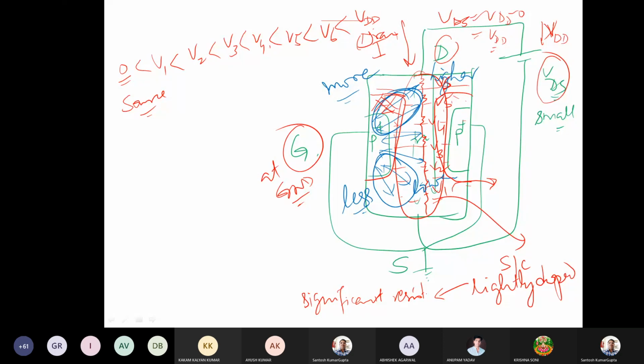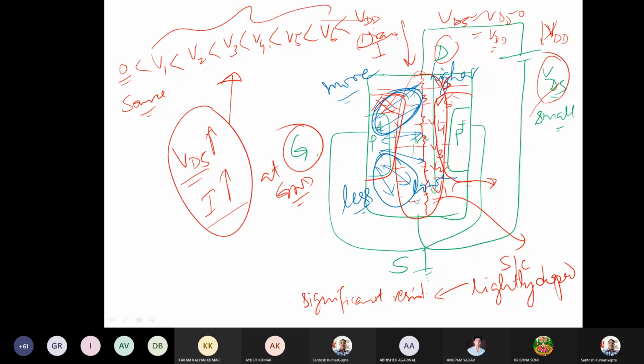Now, if VDS is increased more and more, then the current will increase more and more, and this effect will lead to more difference in these potentials V1, V2, V3, V4, and because the drain side is at higher potential, the depletion region will get extended more and more on the drain side.